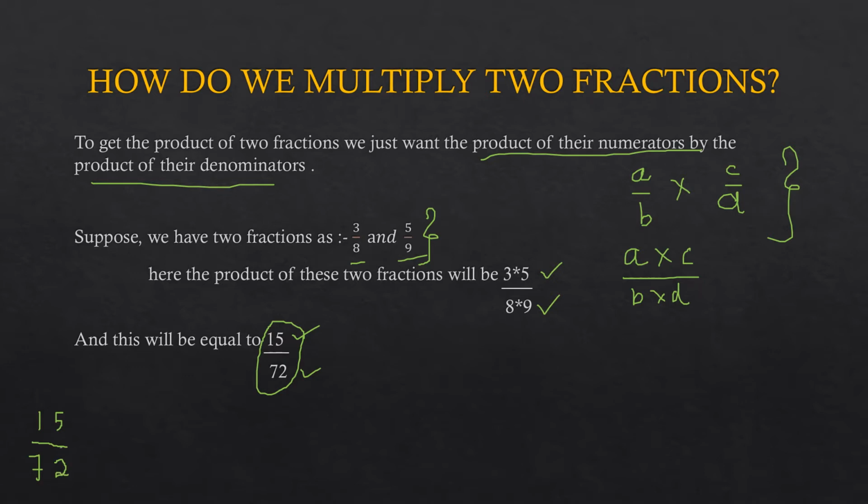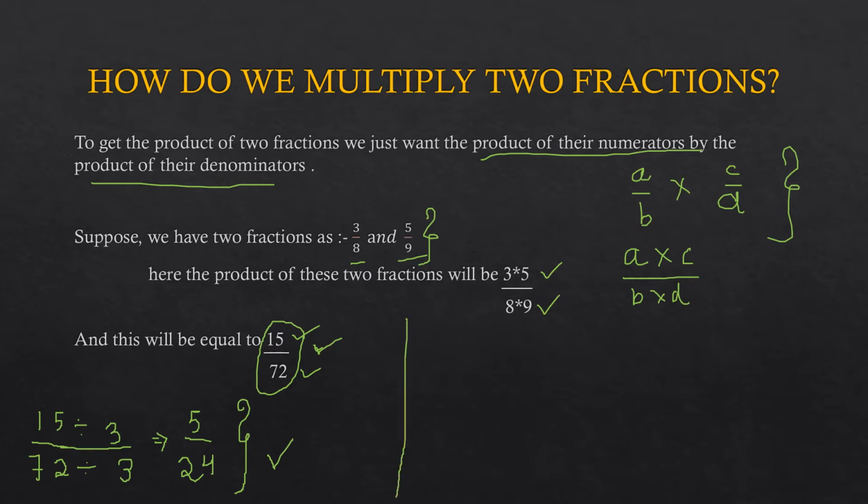We have 3 as the common factor for 15 and 72, so we divide both the numerator and denominator by 3. 15 divided by 3 gives us 5 and 72 divided by 3 gives us 24. Hence 5 by 24 is the irreducible form, or standard form. This is more appropriate than the earlier answer. When you can reduce a fraction, reduce it to get the appropriate answer.